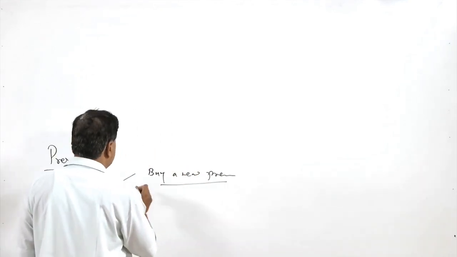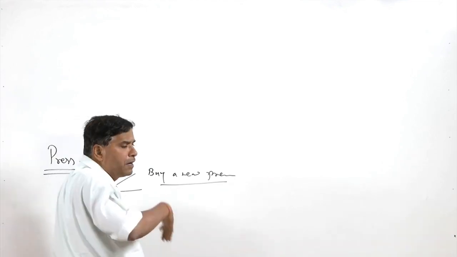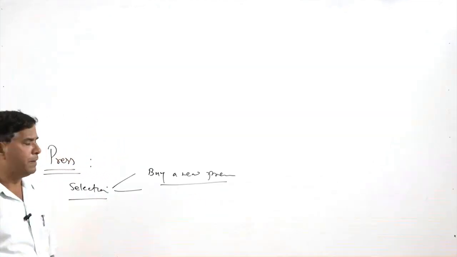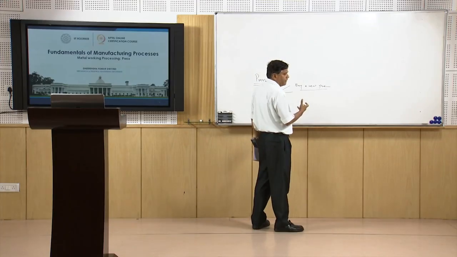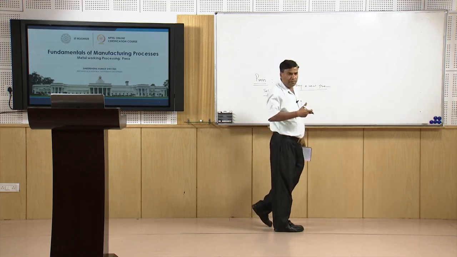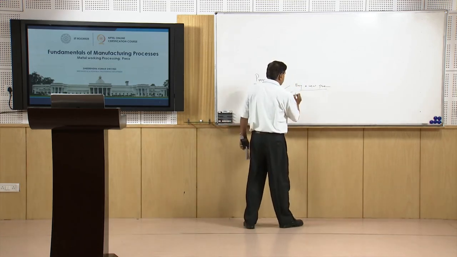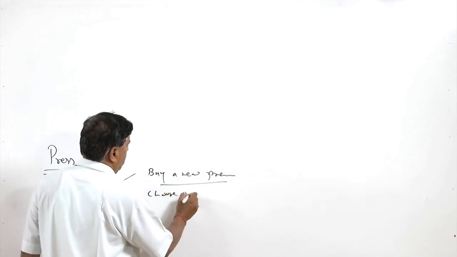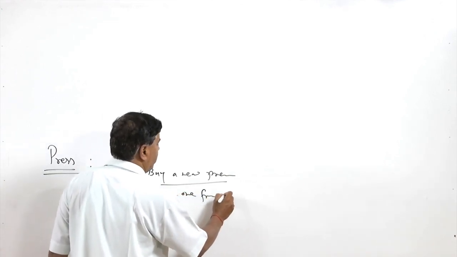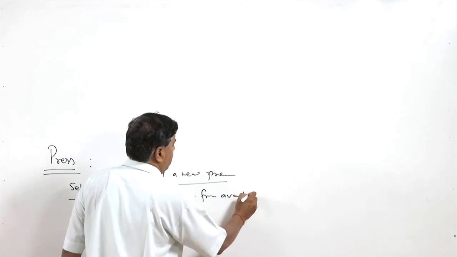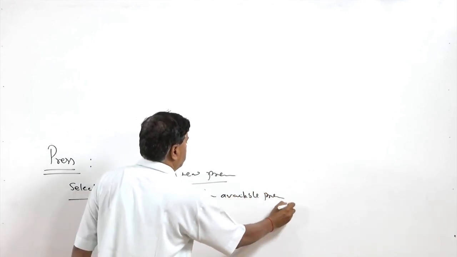And the second selection is made when we have a number of presses and one is to be chosen for the given purpose, so that the press is compatible with the die. So, choose one from available presses. These are the two different situations.